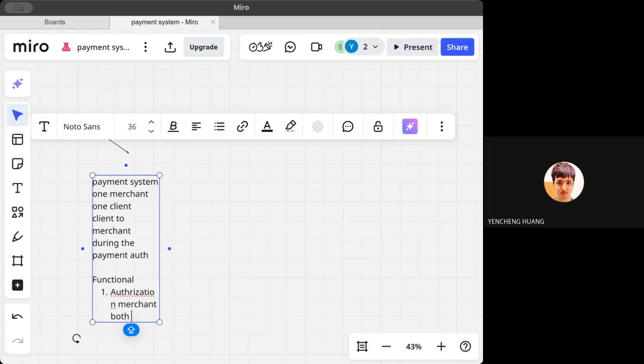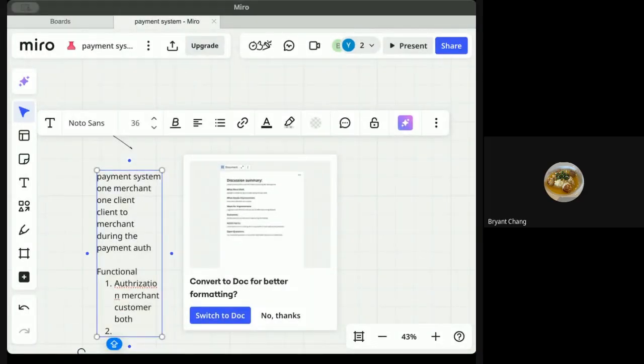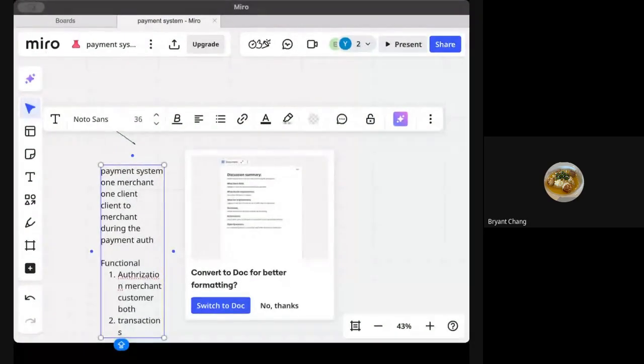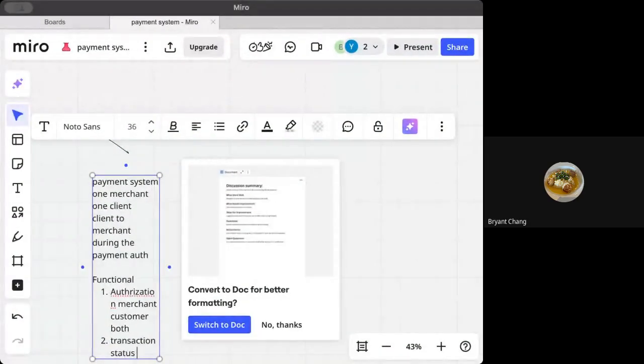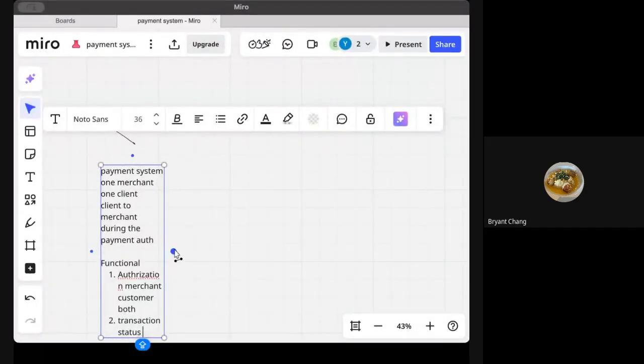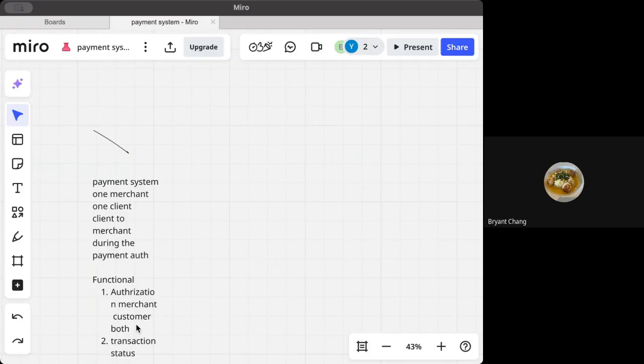Okay, good. So after each transaction, the system will need to notify the clients with confirmations and also the transaction status. You can decide what kind of transaction status the system needs to send to the clients. And the merchants will also receive a notification with the transaction results, like if the transaction is a success, failure, or pending.